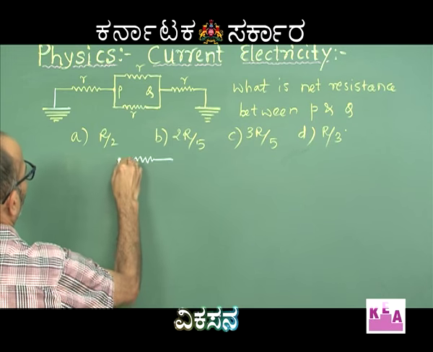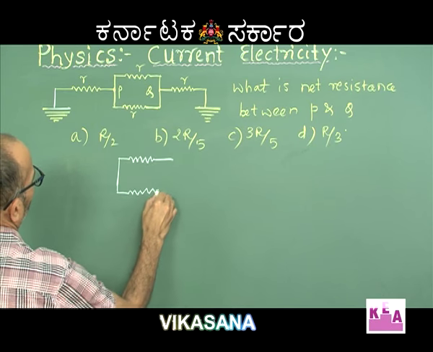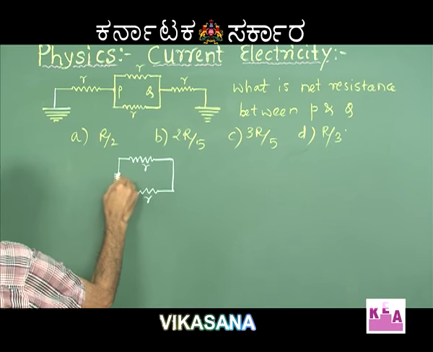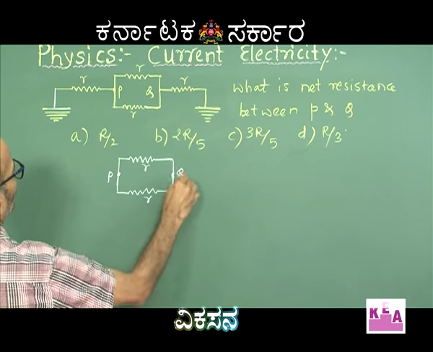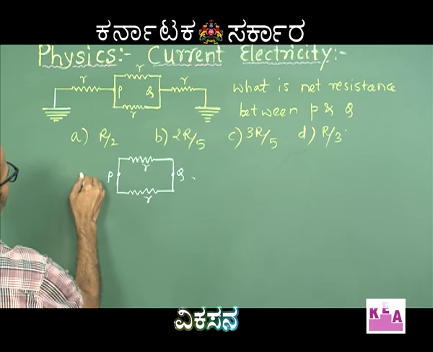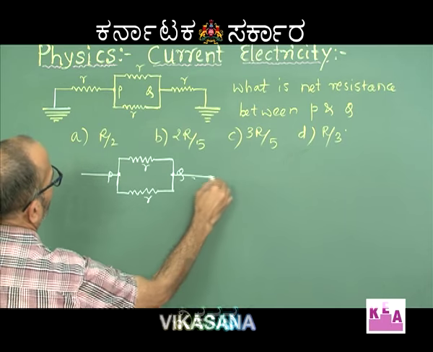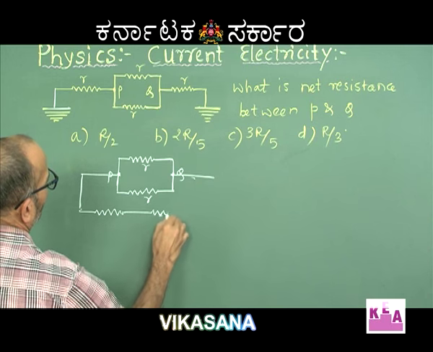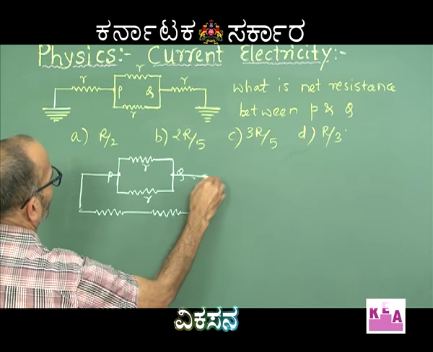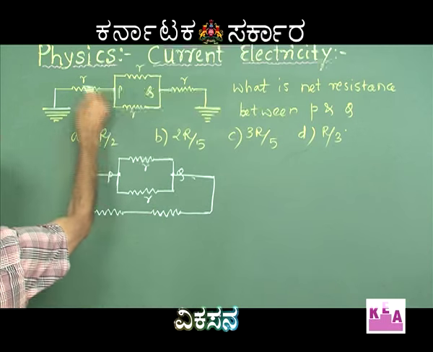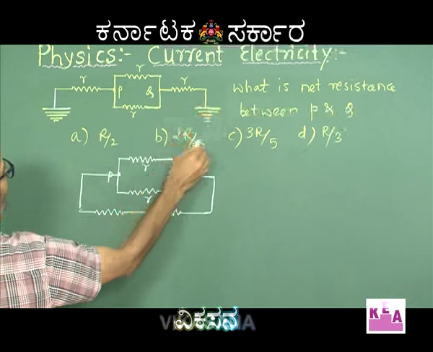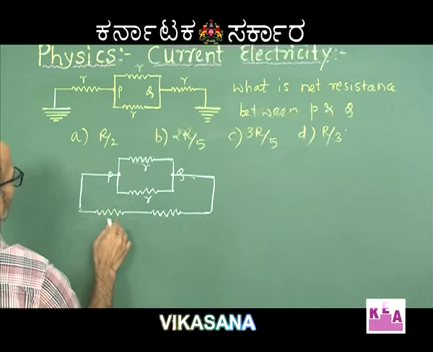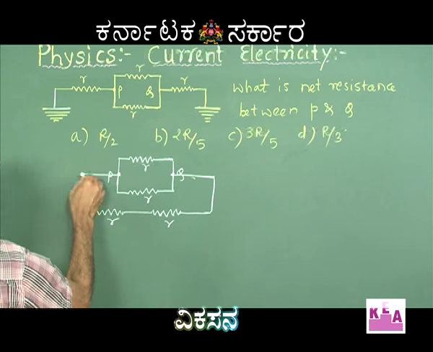So this is one R, another, and these are your points P and Q, and here you have these 2 R's connected directly to each other. See, this R connected to the earth and this R connected to the earth will make 2R connected to this single wire, R and R.